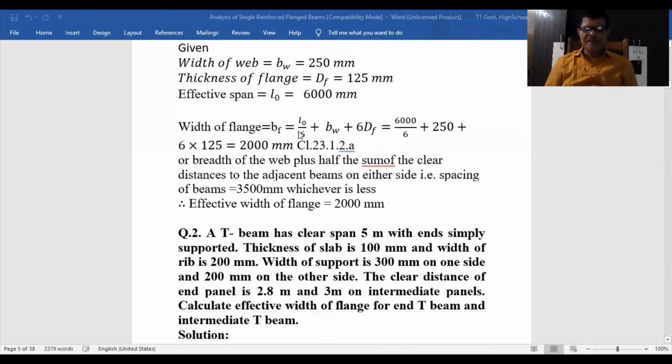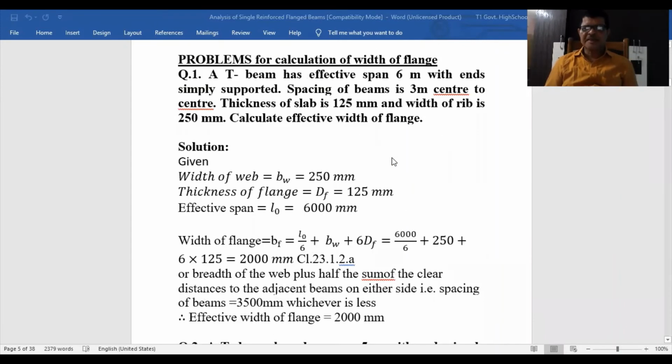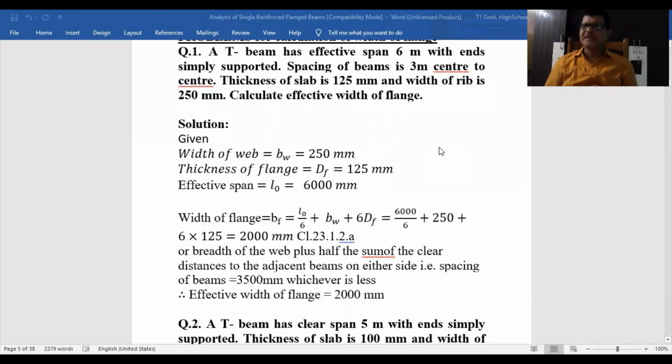So you can calculate bf is equal to L0 by 6 plus bw plus 6 Df, depending on clause number 23.1.2. But in no case should it be greater than the web plus half the sum of the clear distances to the adjacent beams on either side. So that is nothing but the spacing of beams, because if you take both sides, it is given 3 meter center to center. So 3 meter means half is 1.5 this side, 1.5 other side, so 3 meter again plus width of the web, that is 250.